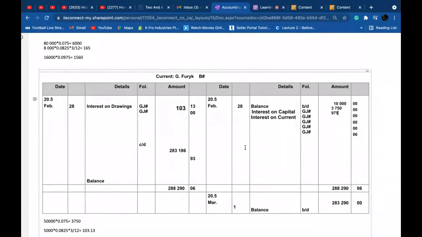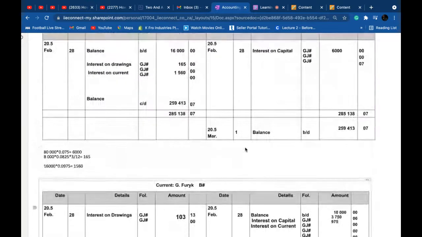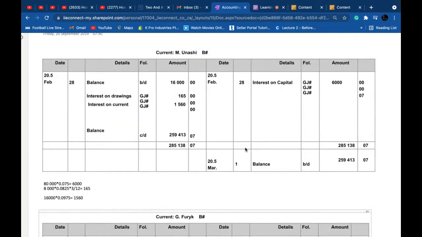It says both partners must receive an annual salary at the end of the financial year. Unashi 105,300. Are we going to debit or credit that? Yes, we are paying them.